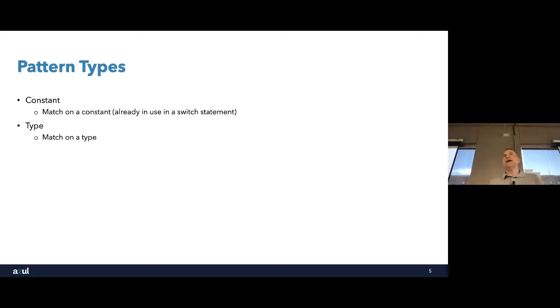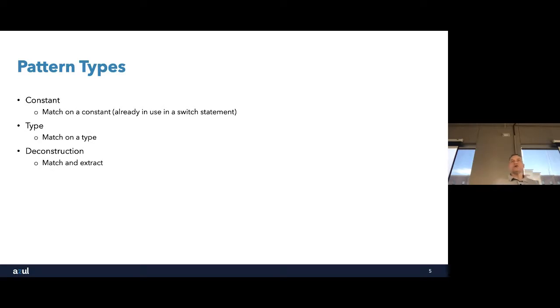When we look more at the new features that have been added to Java in the last few releases, what we're primarily dealing with is type patterns. We match on a given type in the Java language. Again, we'll see lots of examples of this and understand how we can use different types in different ways for our pattern matching.